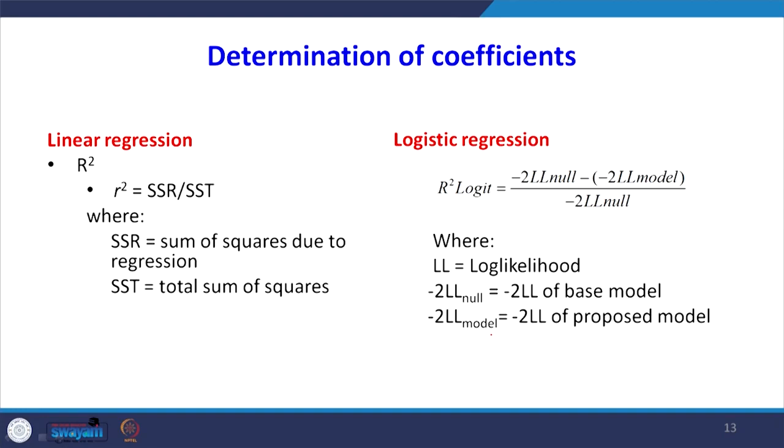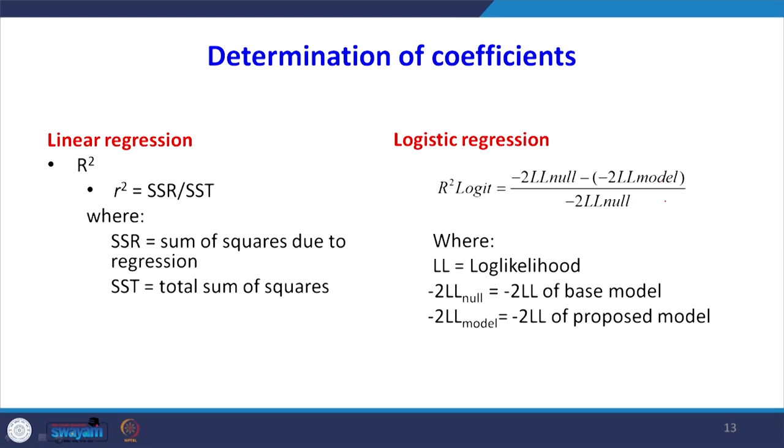The equivalent term in logistic regression is pseudo R square, otherwise R square logit, equal to minus 2 LL for the null model, minus minus 2 log likelihood for the model, divided by minus 2 log likelihood for null.